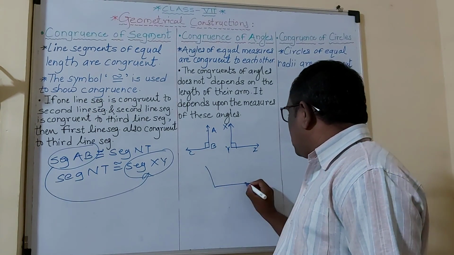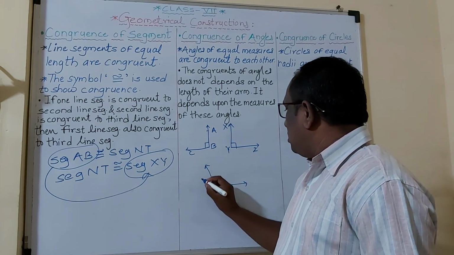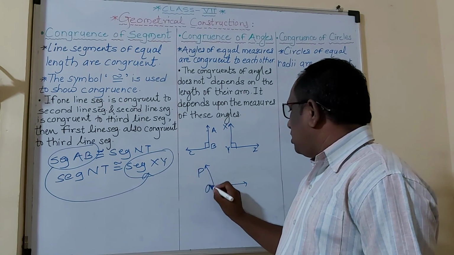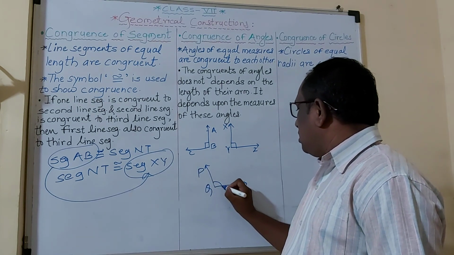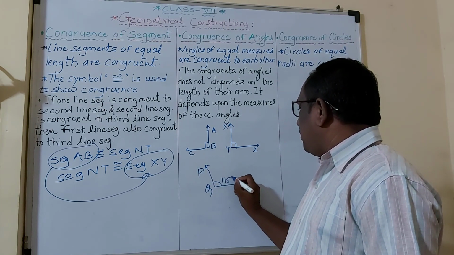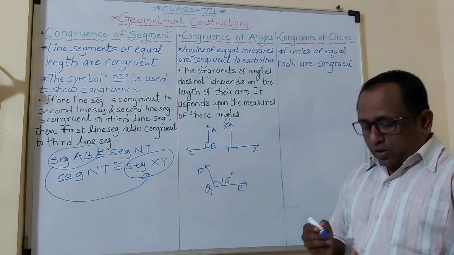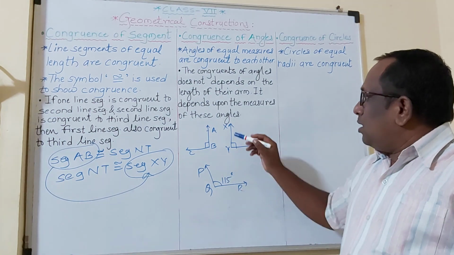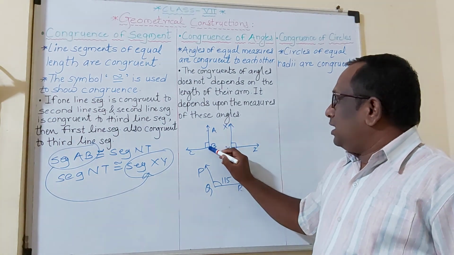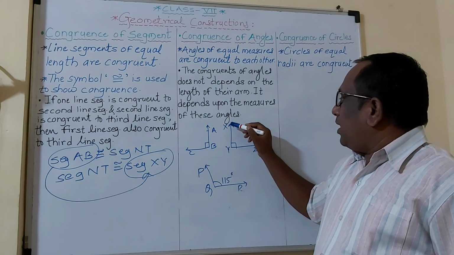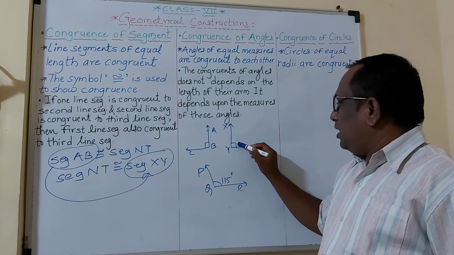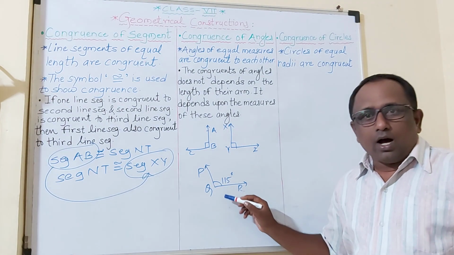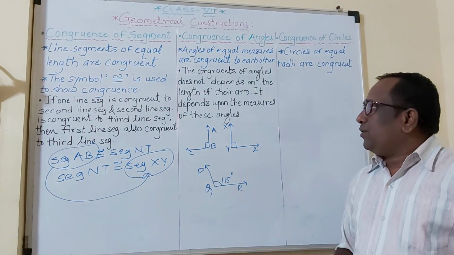Then PQR, this is 115 degrees. Okay, so if you see in these three figures, the measure of angle ABC is 90 degrees, the measure of angle XYZ is 90 degrees, and the measure of angle PQR is 115.